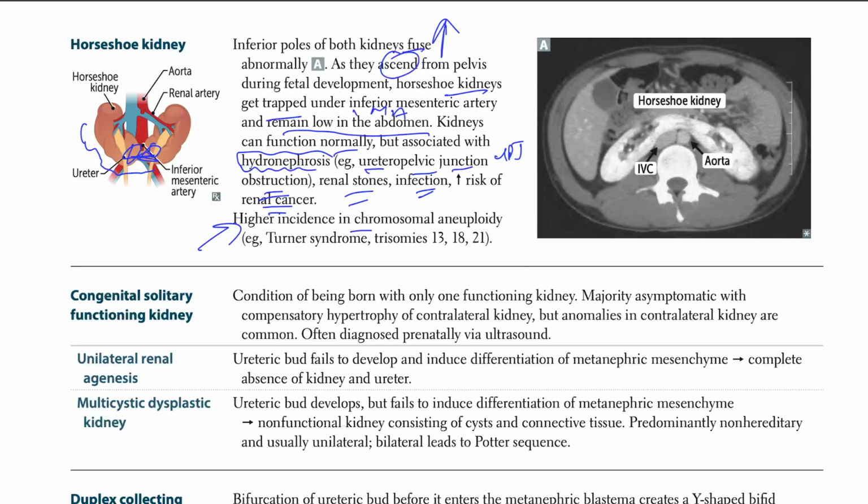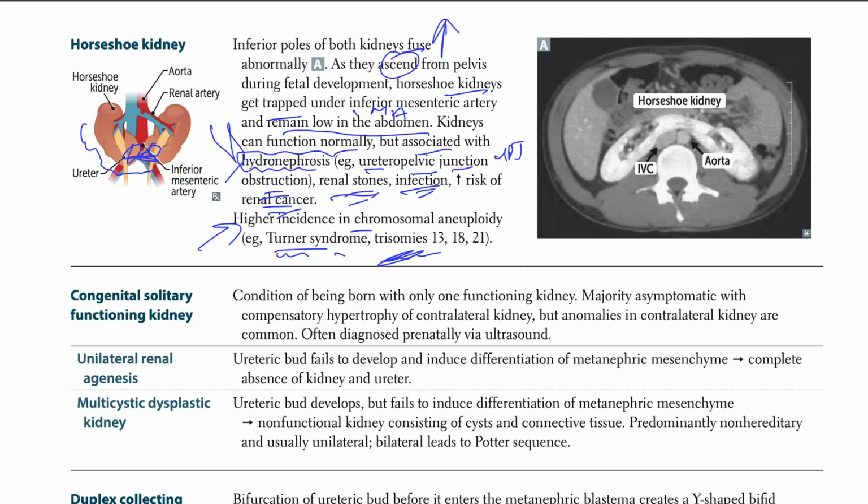There is a higher incidence in chromosomal aneuploidy like Turner syndrome and trisomies 13, 18, and 21. So the kidneys function normally, but there is a higher chance of hydronephrosis, renal stones, infection, and renal cancer.